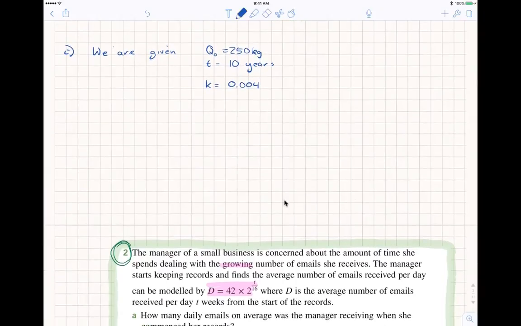So if we substitute those into our initial formula, we've got Q of T, Q0 is 250, times 1.7 to the minus 0.004 T. We're told that T is equal to 10.